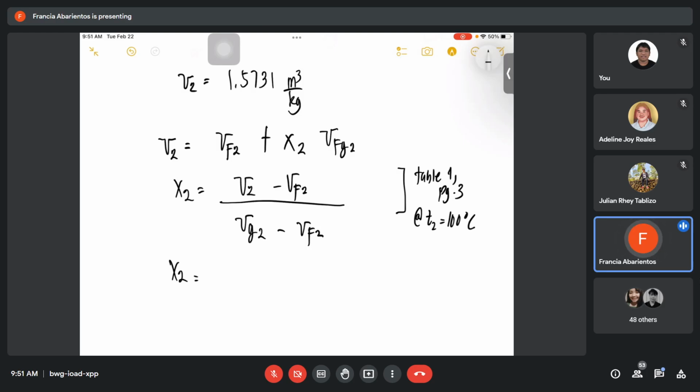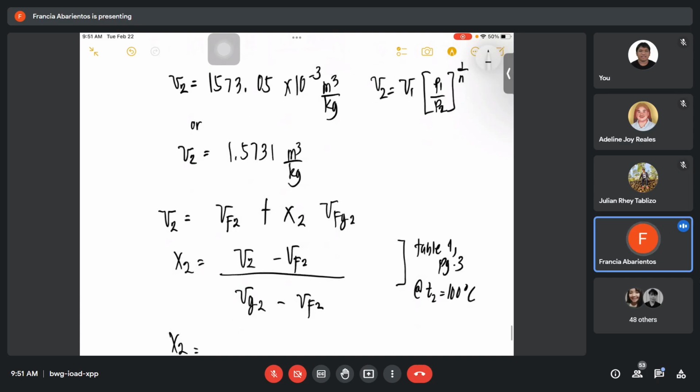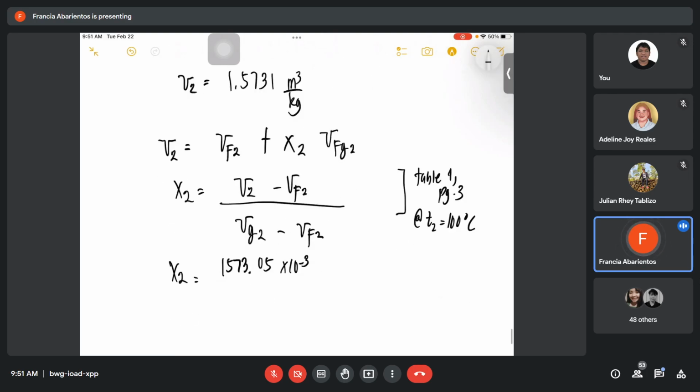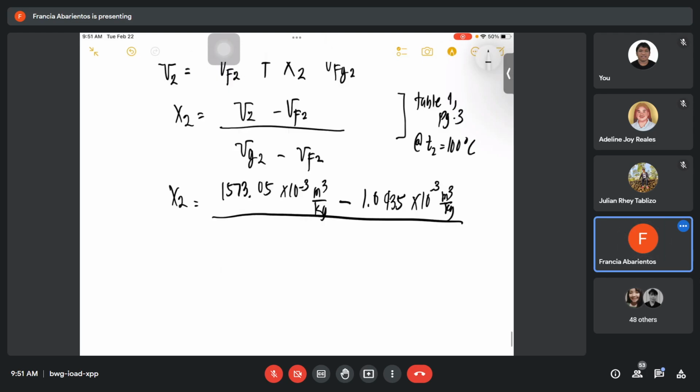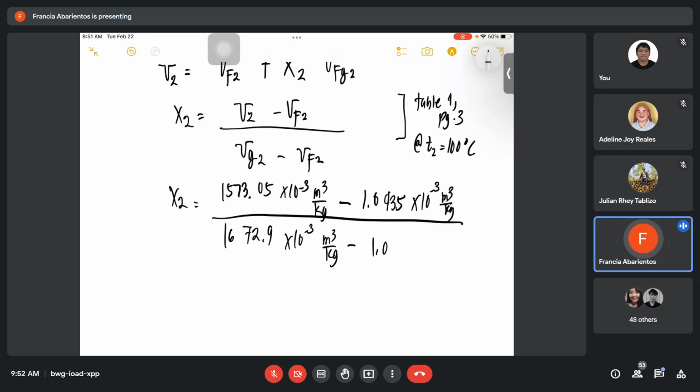Okay? We have solved now the 1573.05 times 10 to the negative 3 cubic meter per kilogram minus VF at point 2 is 1.0435 times 10 to the negative 3 divided by VG. You have 72.9 times 10 to the negative 3 and minus the 1.0435 times 10 to the negative 3 cubic meter per kilogram mass.